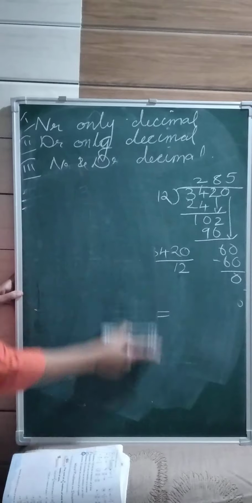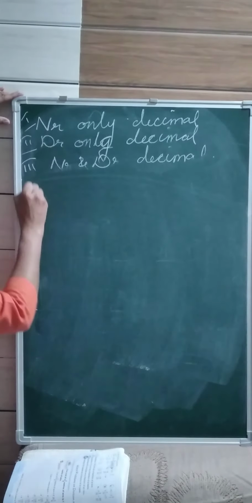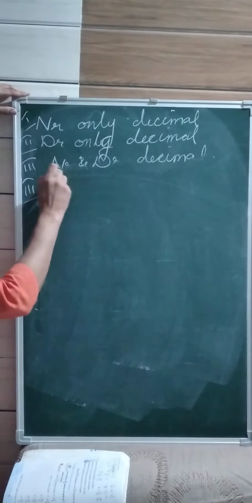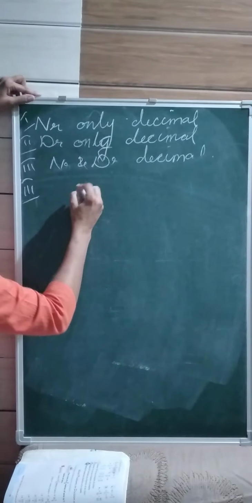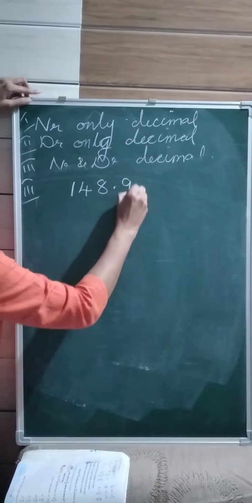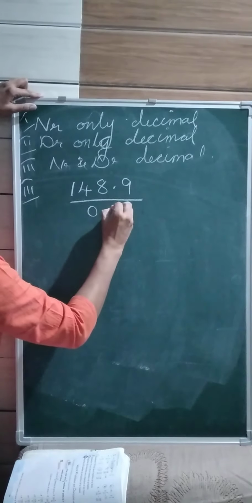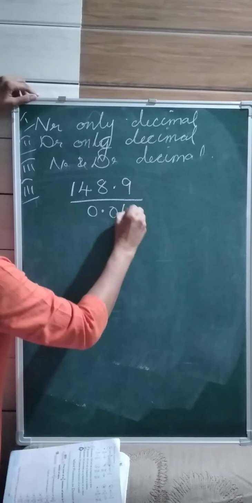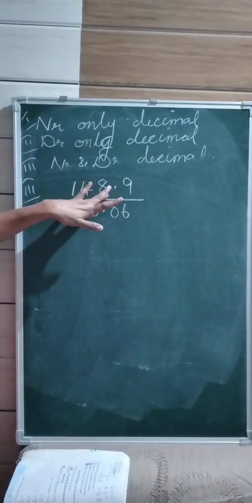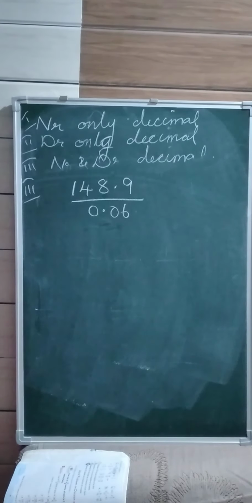Now the third case. Numerator and denominator both are decimal. Here the numerator is also a decimal number, and the denominator is also a decimal number.